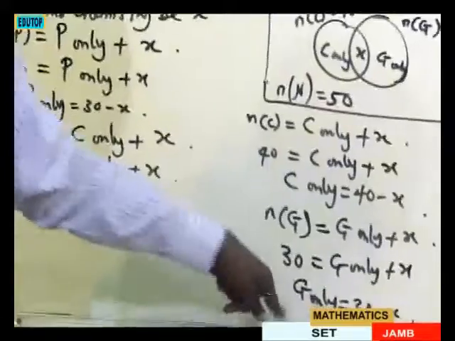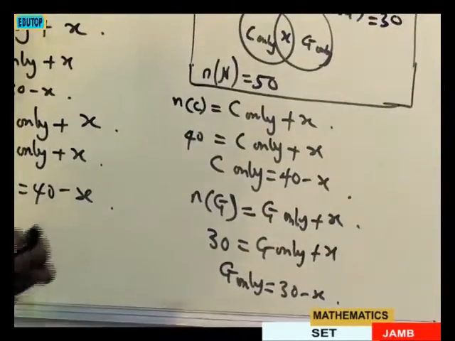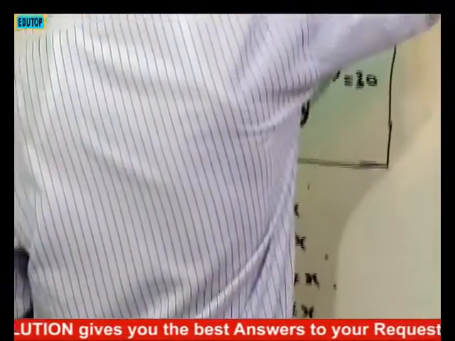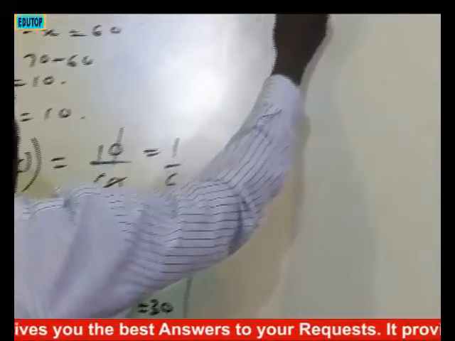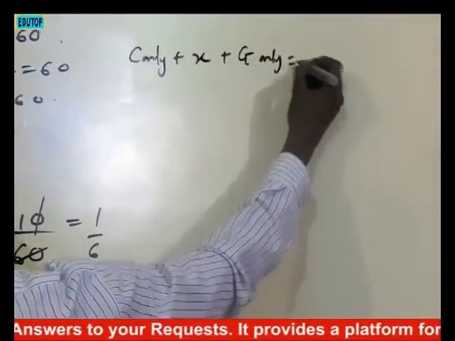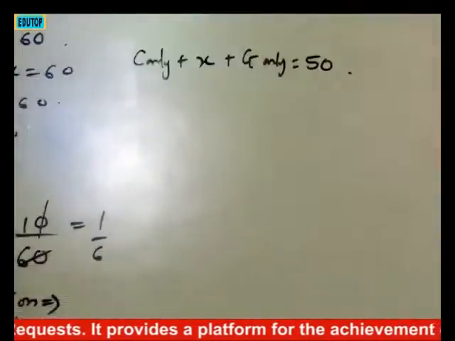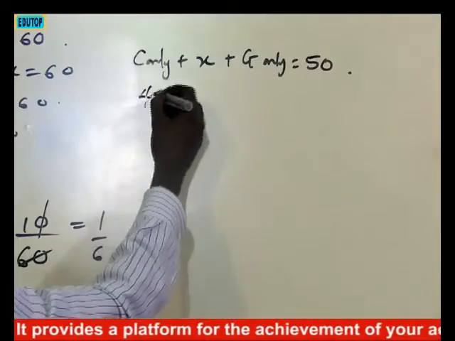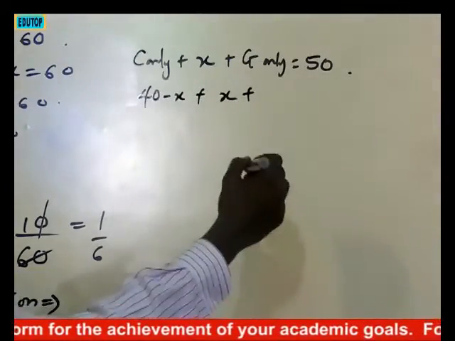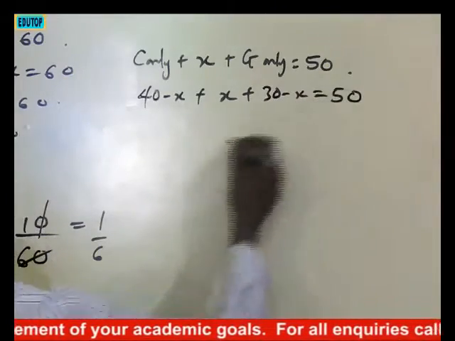Now, in this situation, the question asks us to find how many read both papers, which is X. So we know that C only plus both papers plus G only must equal the total, which is 50. What is C only? C only is 40 minus X, plus G only, that is 30 minus X, equals 50.